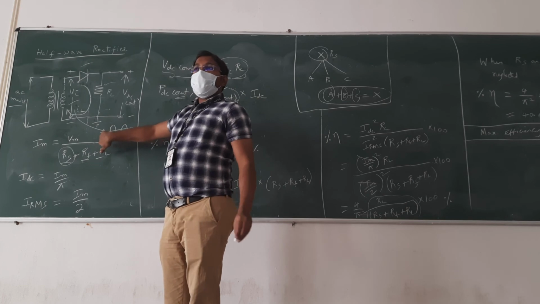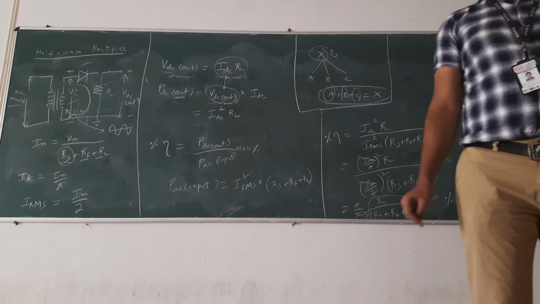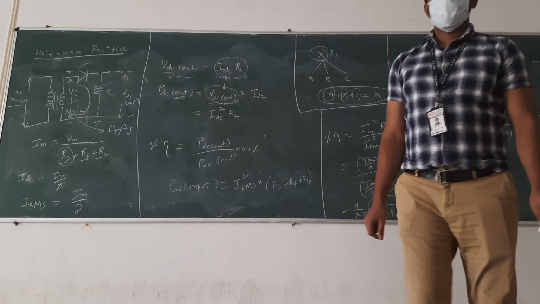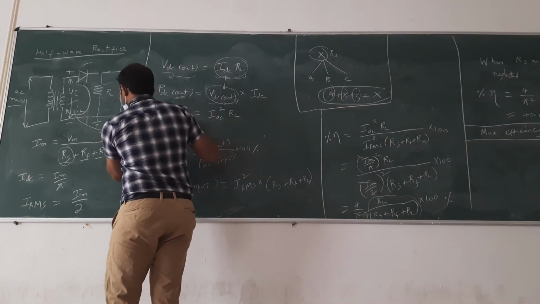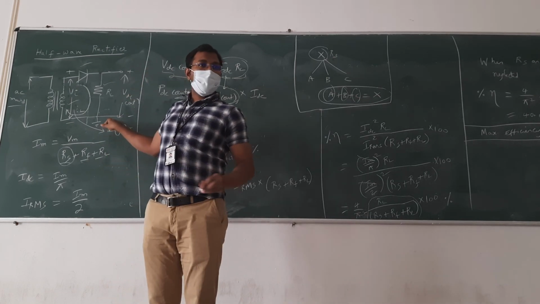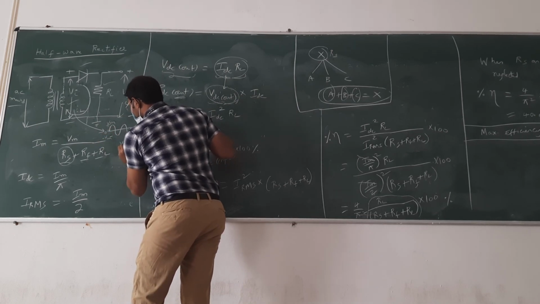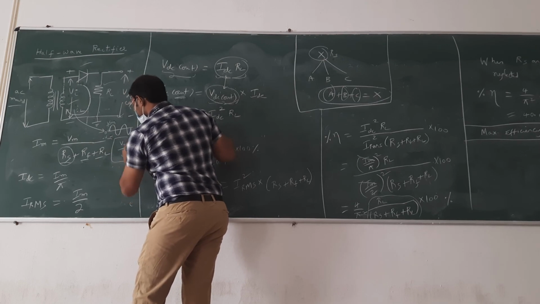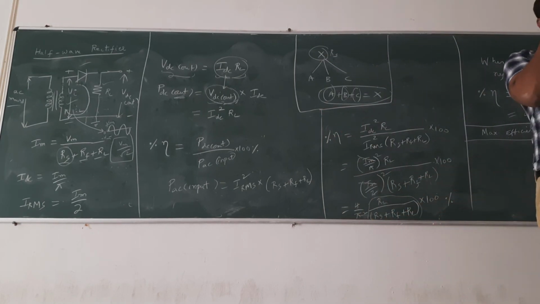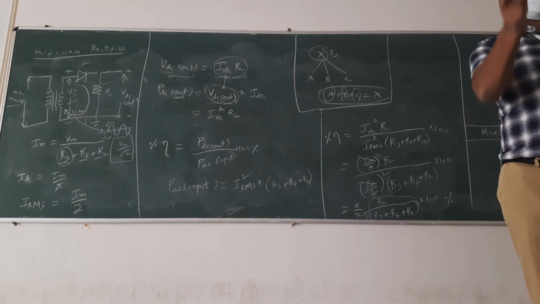What is the formula for RMS value of a sinusoidal signal? If the peak is Vm, the RMS is Vm by root 2. They have given Vm by root 2 as 240 volts. From that you have to find Vm.